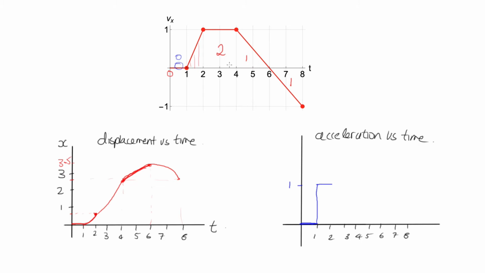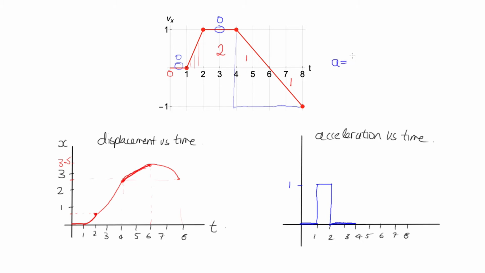Now between 2 and 4, the gradient up here is again 0. So it's not accelerating at that point. So that's 0. And then between 4 and 8, we've got a constant acceleration. So we can work out what this acceleration is using rise over run. So we've got a rise of 2 and a run of 4.